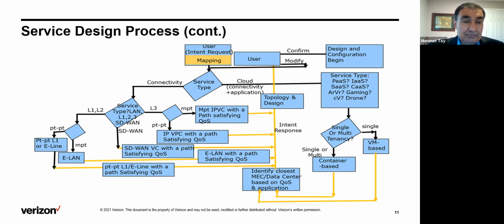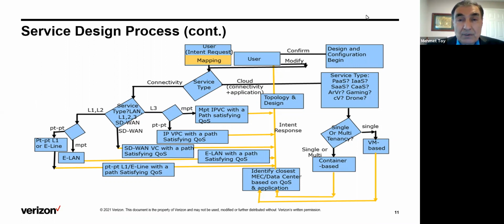So let's say on the left side, I pick layer 1, and it's a point-to-point E-line service. Once I have the E-line service, I look at the QoS and pick a path that satisfies the delay, jitter, and loss requirements. From there, I go to the basic topology and design blocks so that I can draw the topology, show the details of the design, and present it to the customer. Let's say that is just the connectivity service.